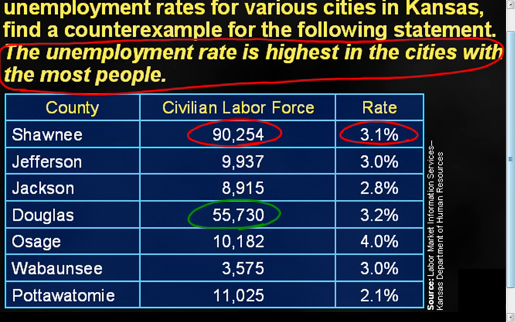Douglas has fewer people, but notice a higher unemployment rate. And that goes against what my statement said. So I have come up with a counterexample. My counterexample would be: look at Shawnee and look at Douglas. Their populations and unemployment rates don't match what it said in the conjecture up here.